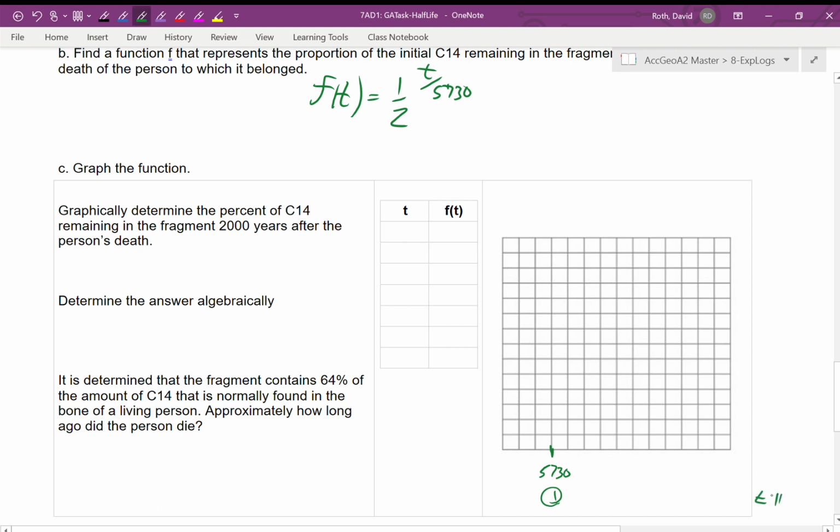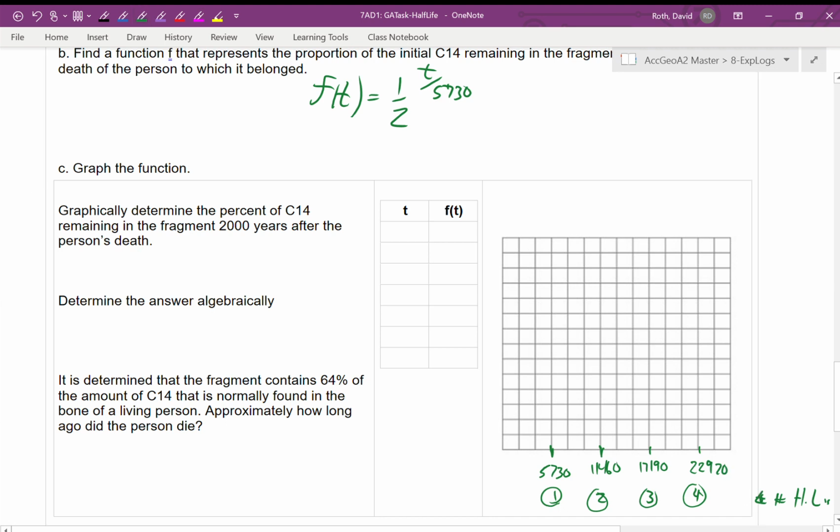Let's actually graph the number of half-lives down here. If I put 2 half-lives here, or 3 half-lives here, and 4 half-lives, that'd be 11,460, then 17,190, and then 4 times, that's 20,000 plus 2,800, so 22,920, something like that, close enough.